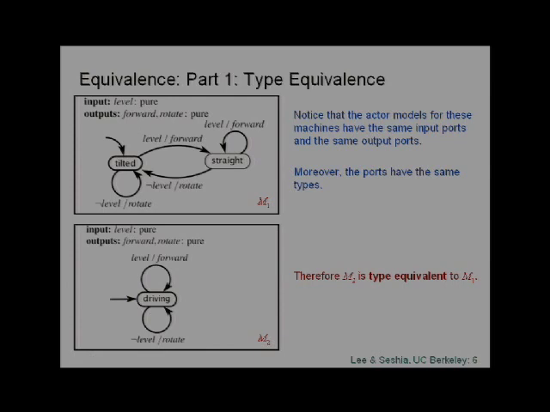If you were to draw the actor model, you would have one input port, and you would have two output ports, forward and rotate, right? And they have exactly the same types. So this is a pure signal.